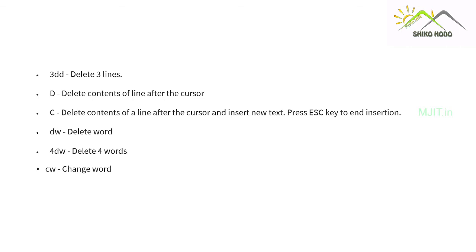C deletes the content of the line after the cursor and inserts new text, and you press escape to end insert. DW is for deleting a word, 4DW deletes 4 words, and CW changes the word. These are the options we are going to execute and make use of in our VI editor.